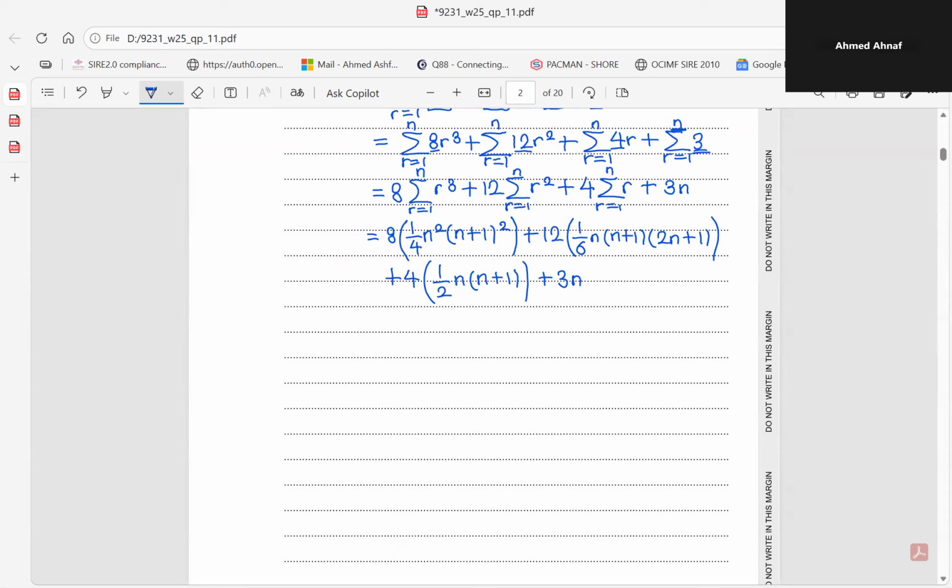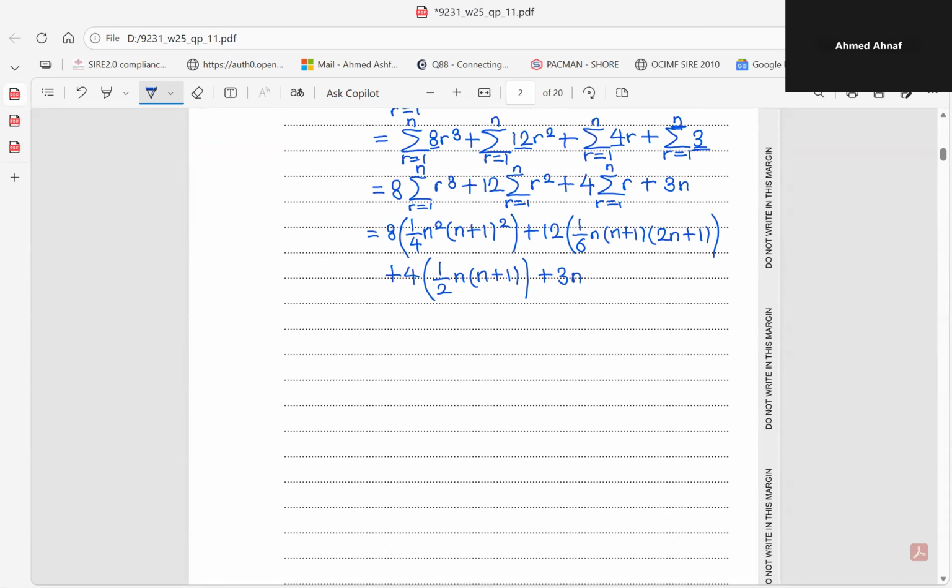Okay, so let's simplify it, but we're not going to expand yet. 8 times 1 over 4 is 2n squared times n plus 1 squared, plus 12 times 1 over 6, that is also 2n times n plus 1 times 2n plus 1, plus 4 times half, that is 2n times n plus 1, plus 3n.